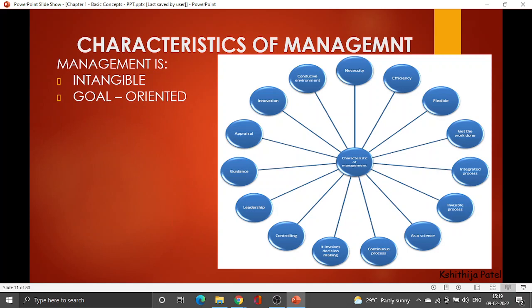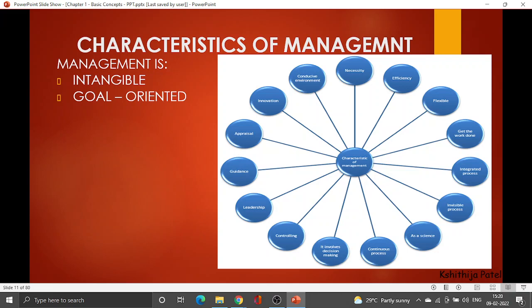The next characteristic of management is that it is goal oriented. That is to tell, management seeks to achieve goals. These goals can be economic in nature, or they can be non-economic in nature. Whenever we speak about management in terms of business, the primary goal of a business organization should always be to produce and distribute goods with a view to earn profit.